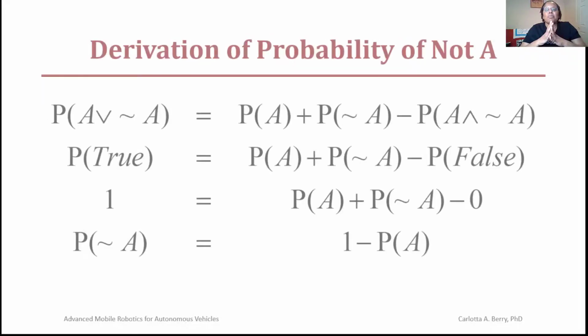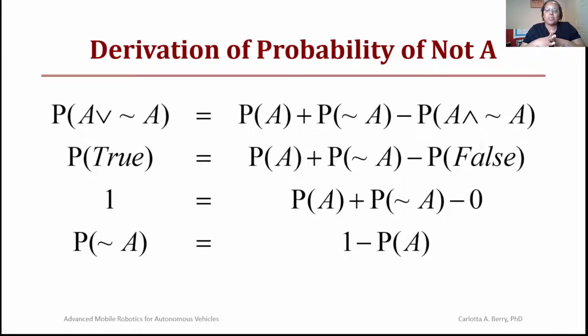So the derivation of the probability of not A is based upon what we learned on the previous slide. So the probability of A or not A would be the probability of A plus the probability of not A minus the probability of A and not A. So we know that the probability of A or not A is just the probability of a true statement, or 1.